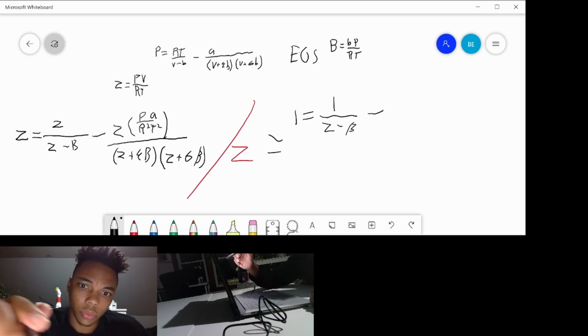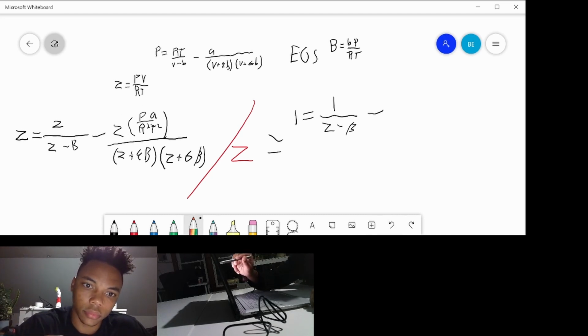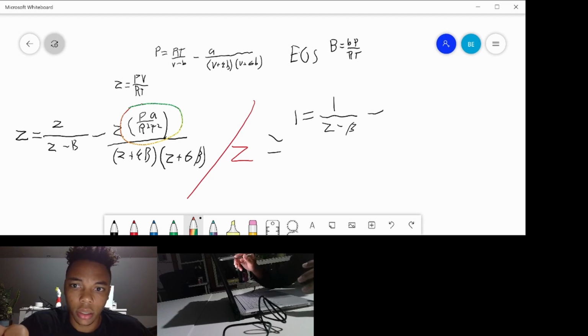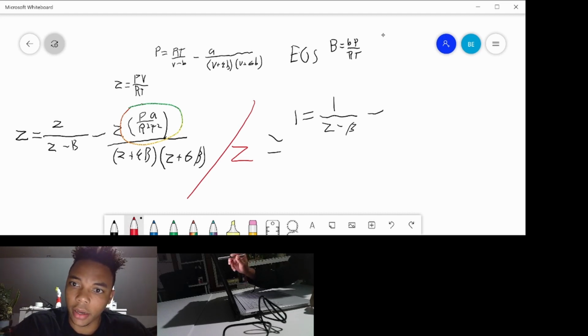And we still have this. But what we know is that beta is equal to B times our pressure divided by RT. So who's to say that we can't have a Q equal to A over B RT?